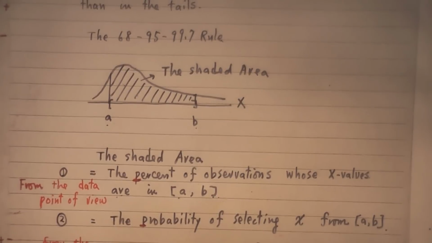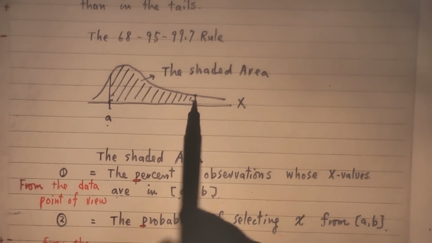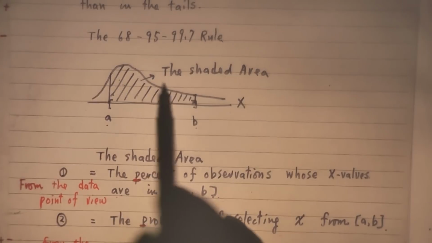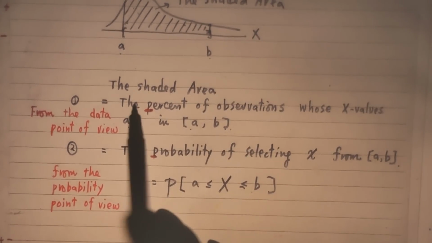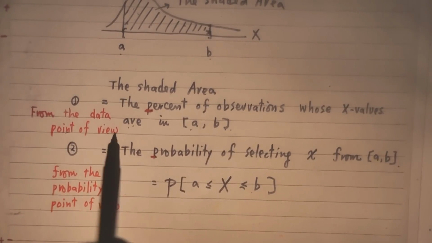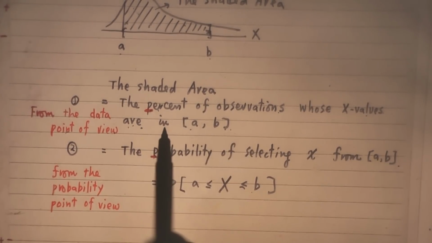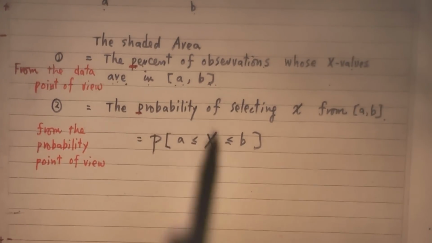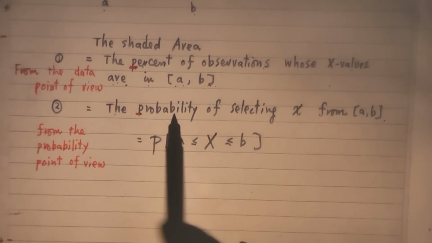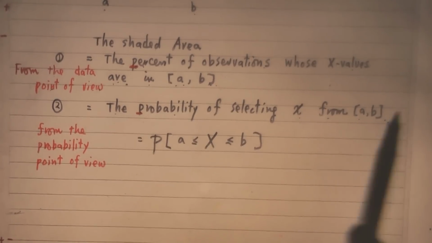Okay? The shady area in any density curve has two different interpretations. From the data point of view, it is the percent of observations whose X values are in the interval A to B. And the other interpretation is the probability of selecting X from interval AB.